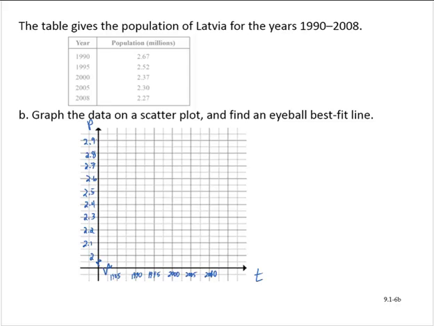Alright, so now let's plot some points. 1990, 2.6567 would be about there. 1995, 2.52 would be about here. 2000, 2.37. 2005, 2.3.